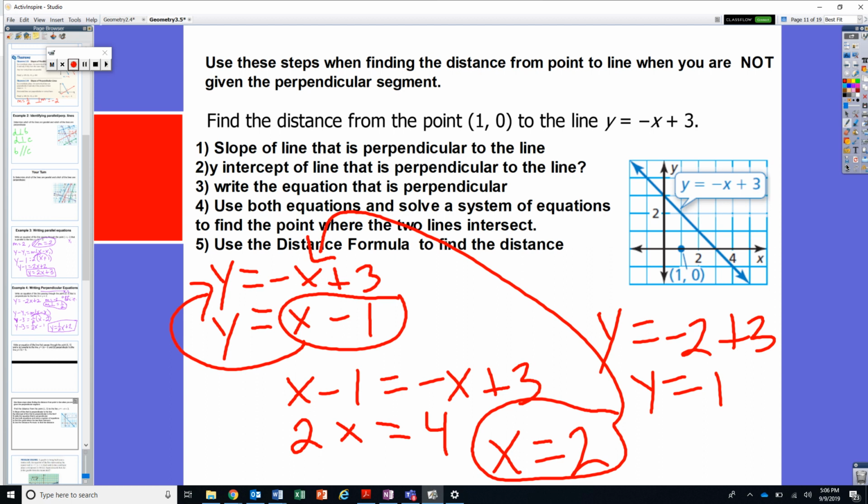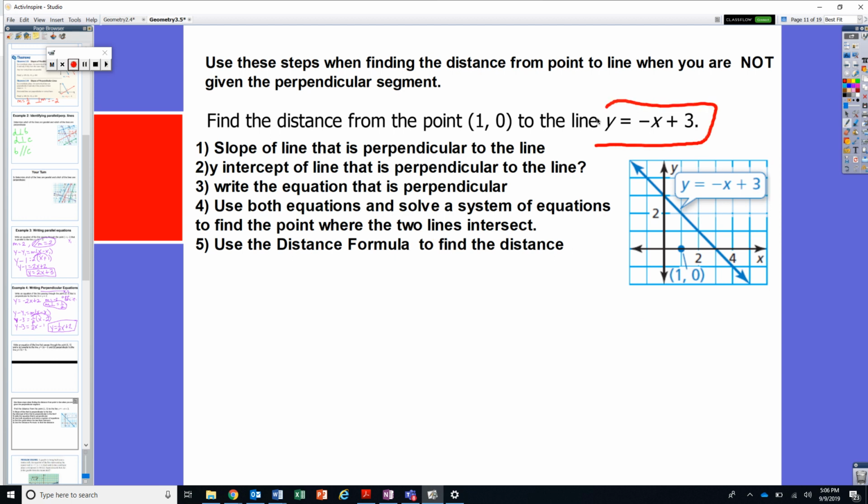We have the line y equals negative x plus 3. We found that the line y equals x minus 1 was perpendicular to it. The point in which those two lines intersect is at point 2, 1.